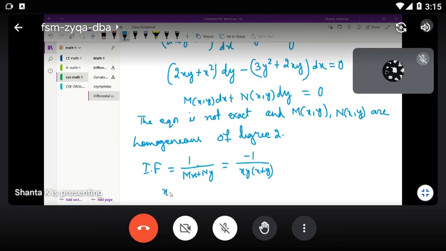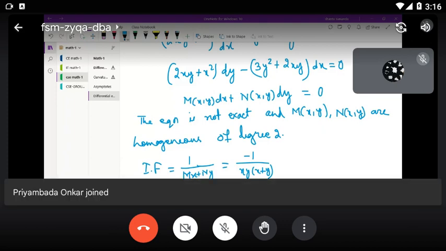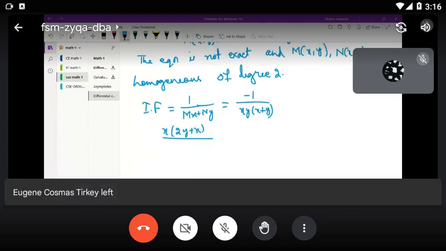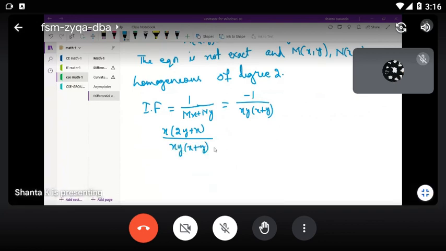If you take x common, we have 2y plus x, and we divide it by xy into x plus y.